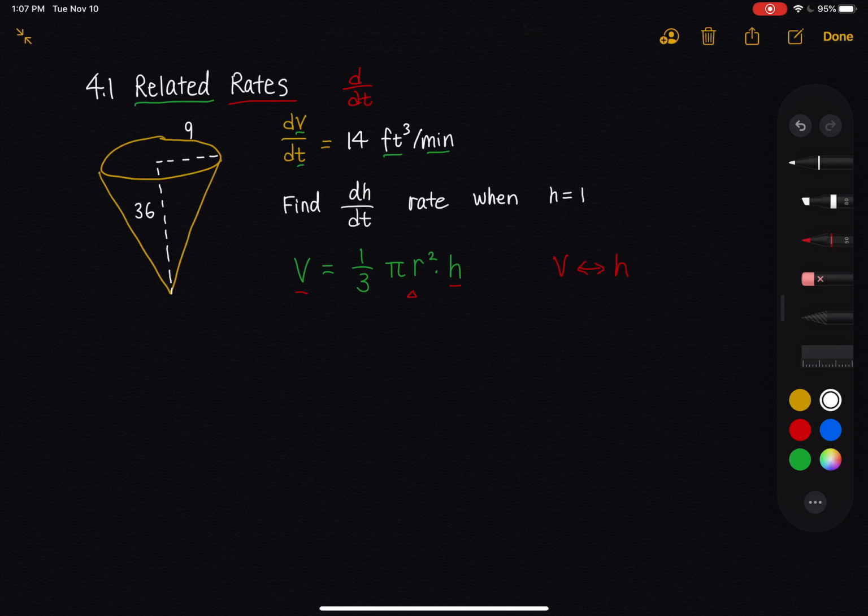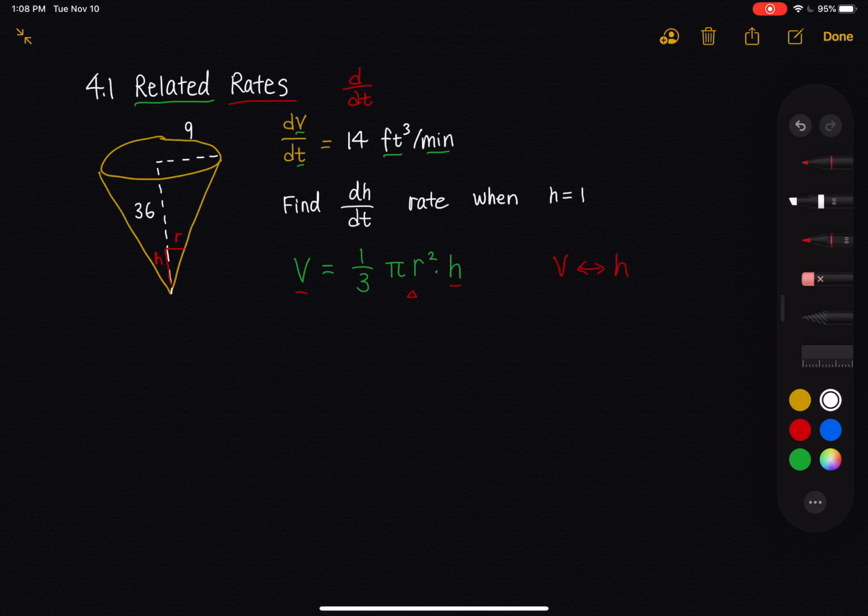Again, you have to relate r with h. So let's say this is 1 foot deep, and this is the r right here. So h and r. How do we relate those two variables? Well, take a look carefully at what's going on right here.